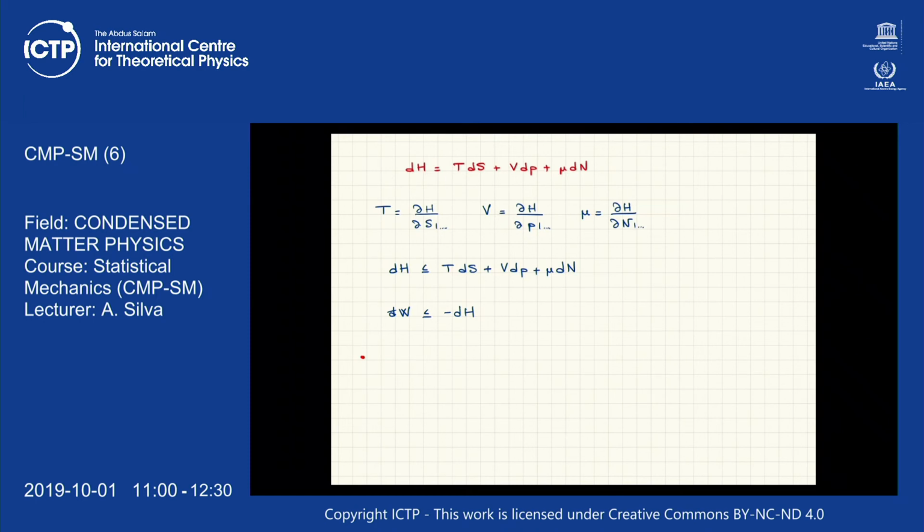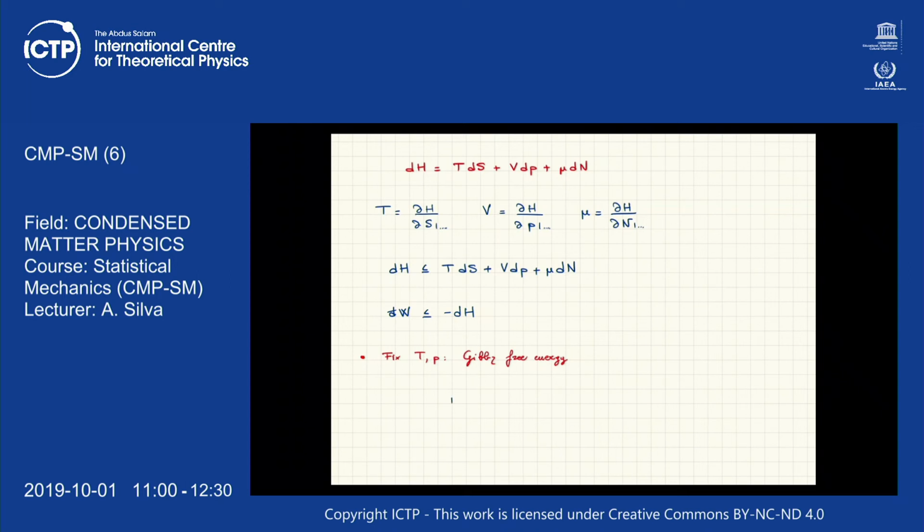All right, so now we fix temperature and pressure. What do we get? We get Gibbs free energy. So let's see if you understood how to do this. I want to fix temperature and pressure.